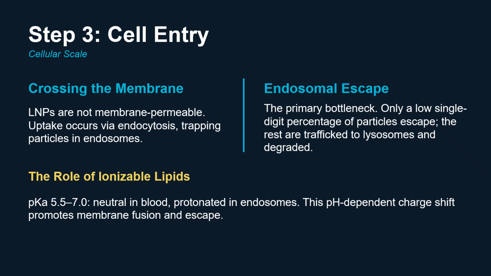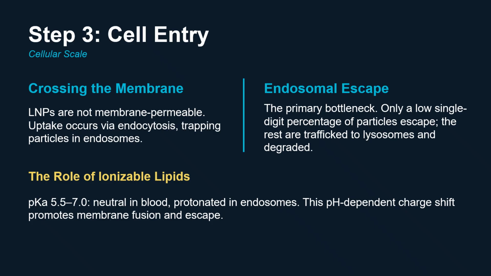At the cellular scale, delivery runs into two main problems. First, lipid nanoparticles cannot cross the cell membrane on their own. So cells take them up by endocytosis, which traps the particles inside endosomes.